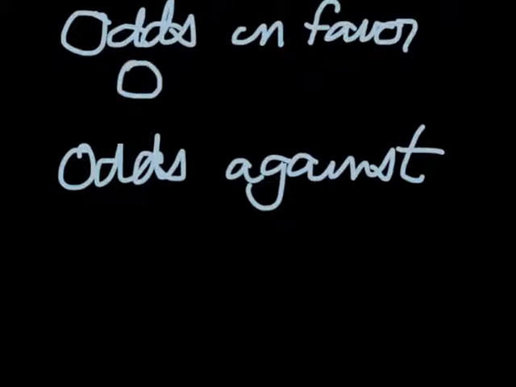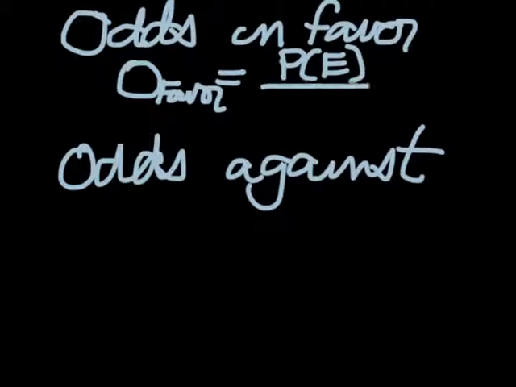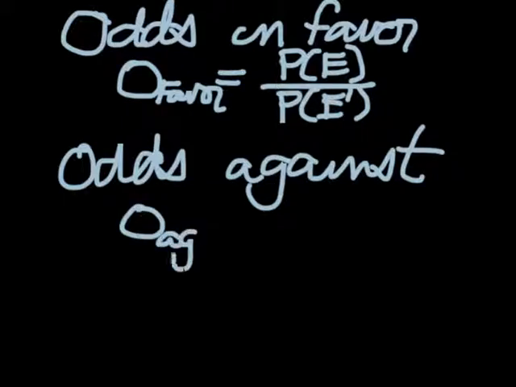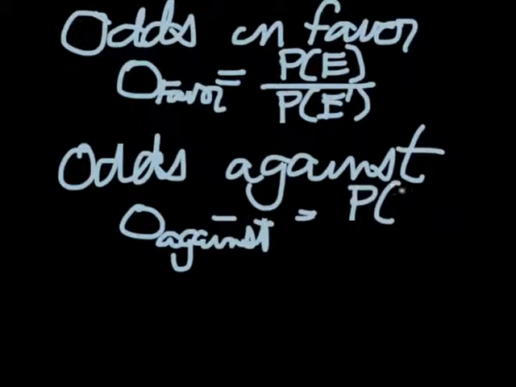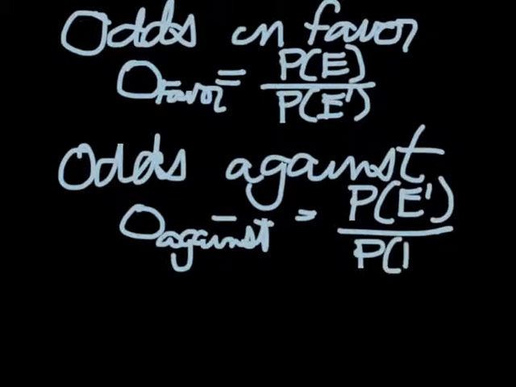Well, let's label it: the odds in favor are equal to the probability of an event divided by the probability of not the event. And the odds against are essentially the reciprocal. They're the probability of not an event divided by the probability of the event. And that's how you figure out odds.